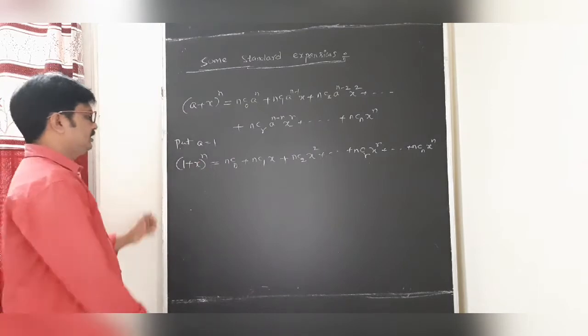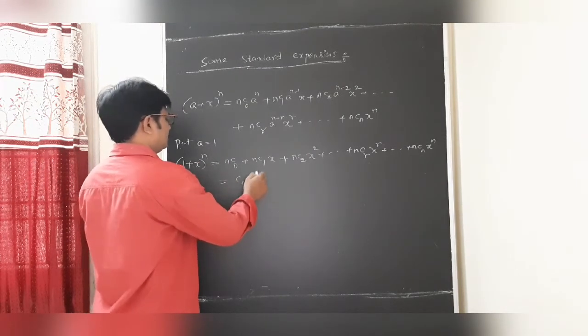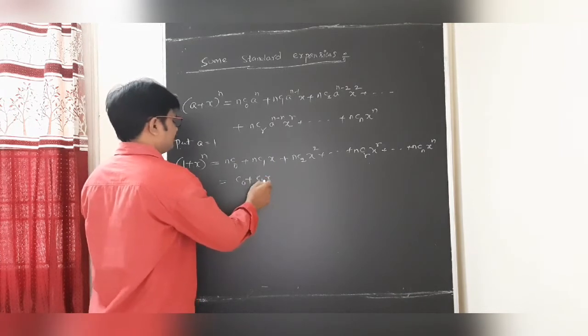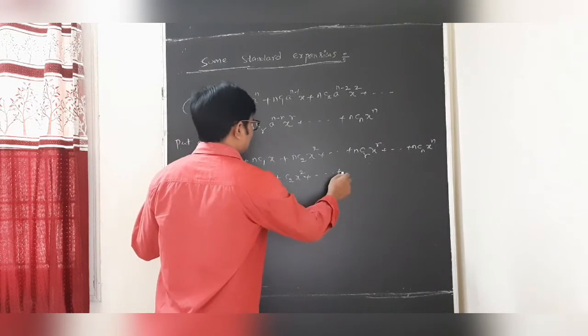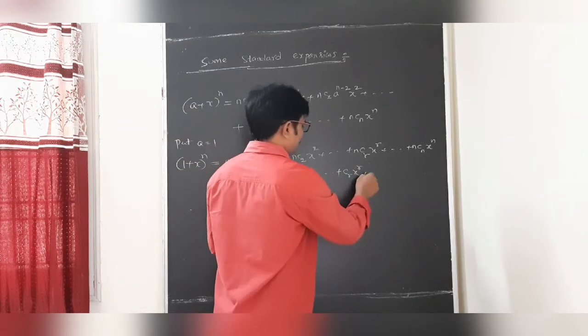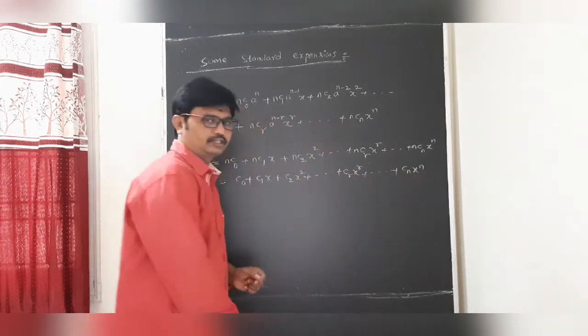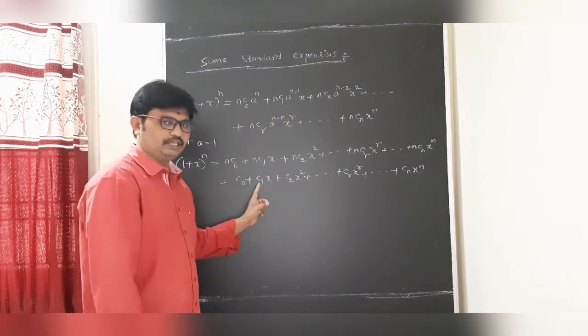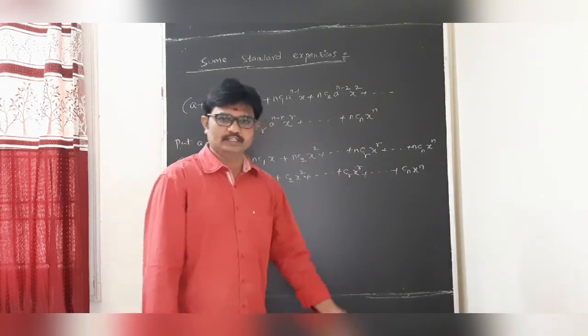This we can also write as C0, after that C1x and C2x square and so on, CR x power r and so on, CN x power n. Is it clear, students? C0, C1x, C2x square, CR x power r, CN x power n.